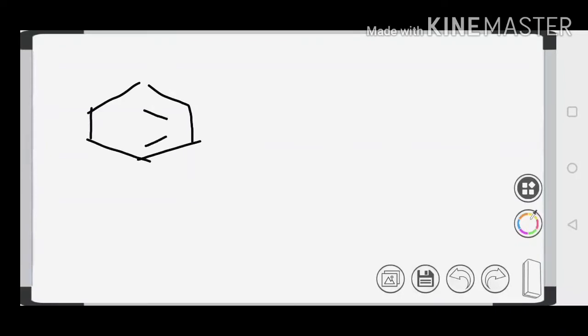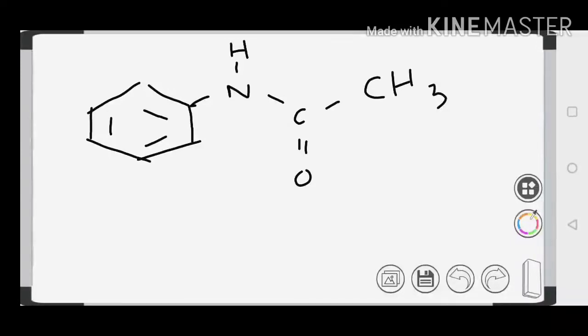So here we can see that adjacent to this ring, NH is present, then followed by a C double bond O, and then there is a CH3 present. Now the lone pair of nitrogen, as you can see, can be donated to this side where the ring is present and the electrons will be circulated.